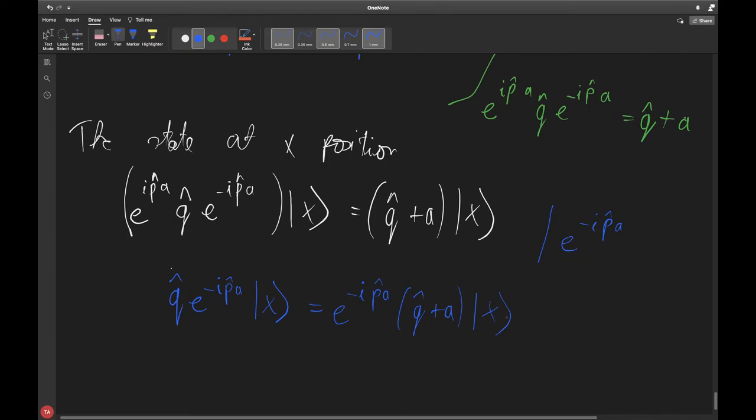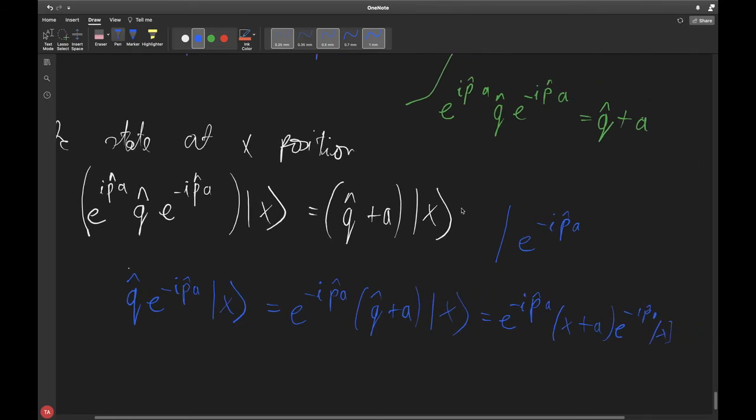So that further equals e to the i P a x, right? When the Q operator acts on the x state, it gives us the location, which is just a multiplication of the state with x plus a. And we have the exponential minus i P a acting on the x state, not the operator.